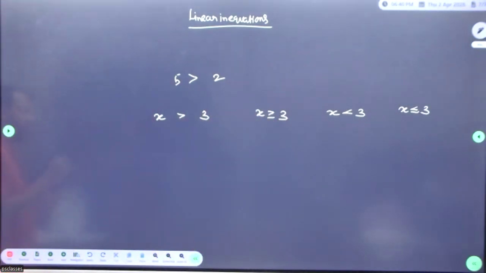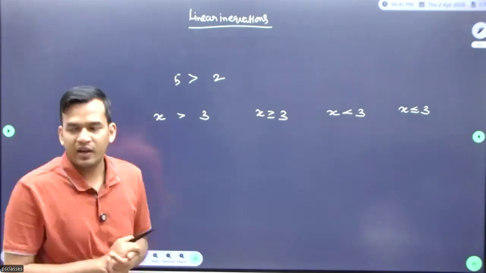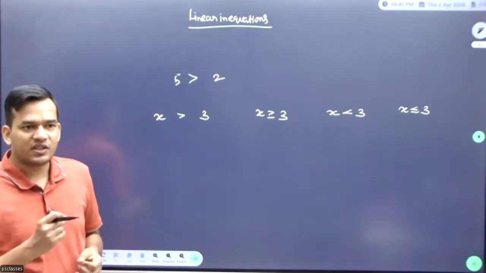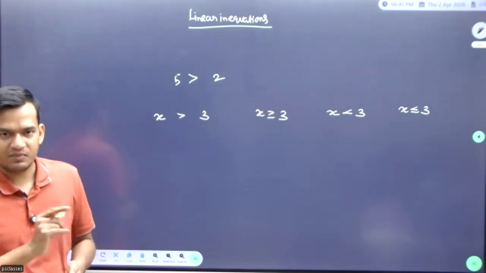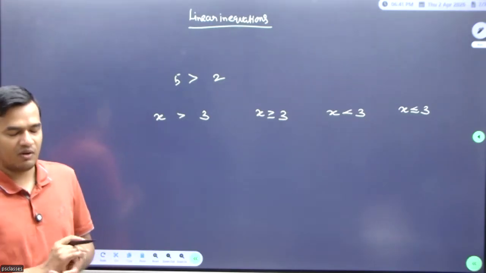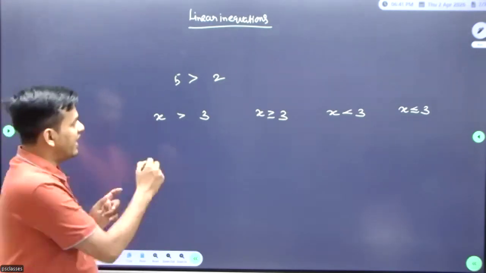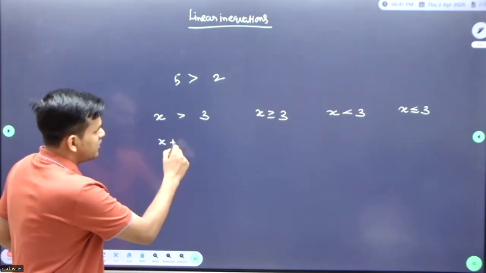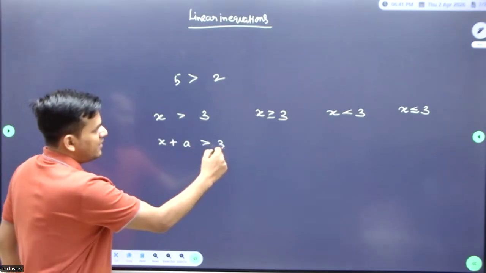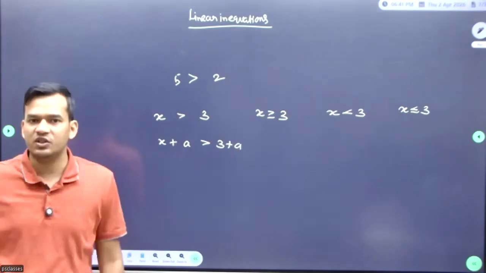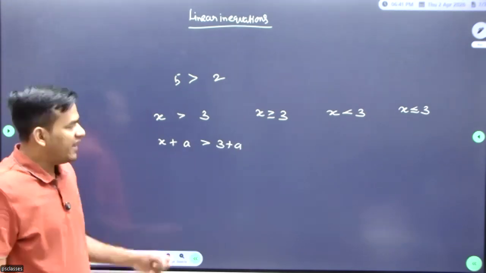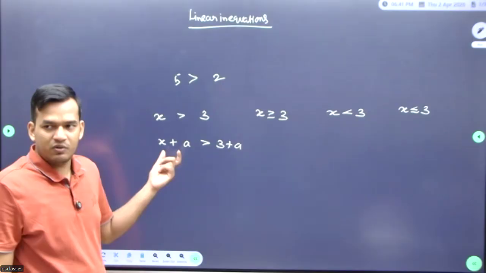So the first rule of the inequality: you can add any number in the inequality or you can subtract any number in the inequality without changing the sign of inequality. I can add or subtract anything in the inequality on both sides. Suppose I have to add a. So this becomes x plus a greater than 3 plus a. The sign of the inequality will not change in this case. a can be positive, negative, 0, anything.